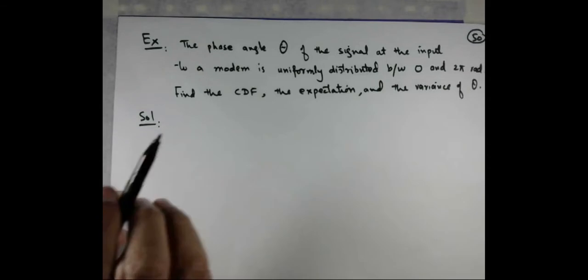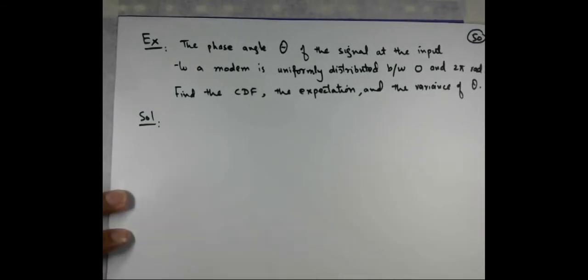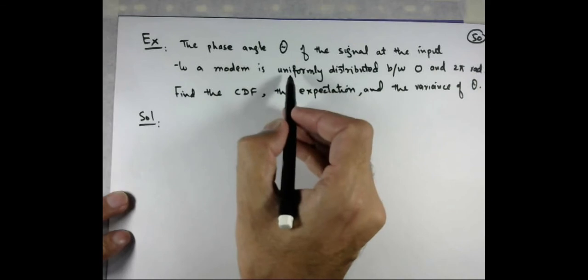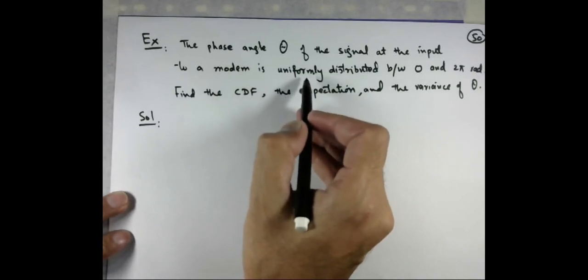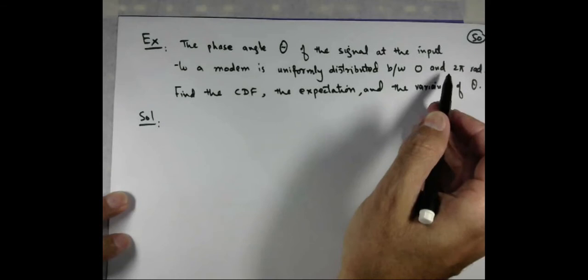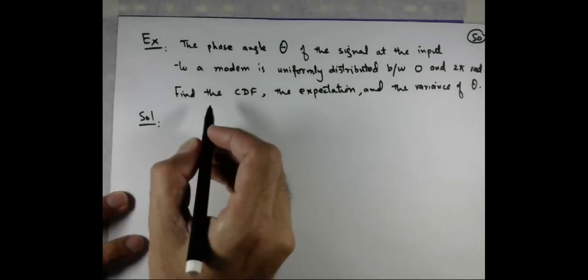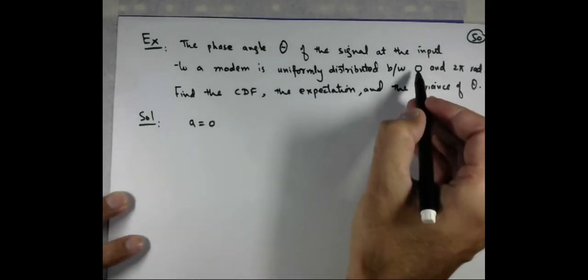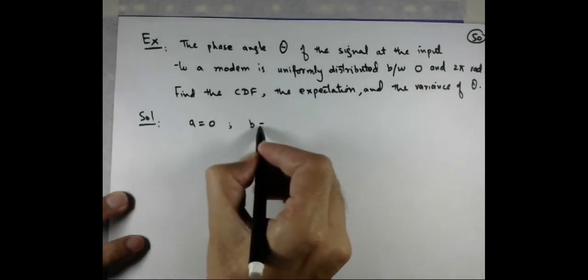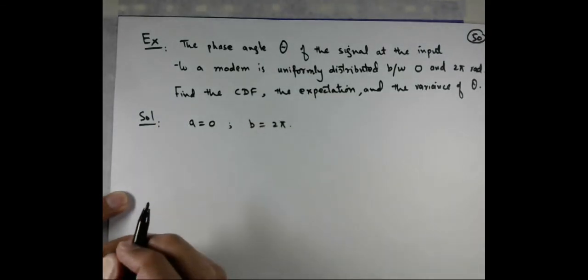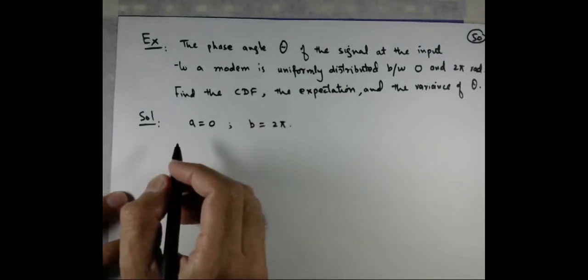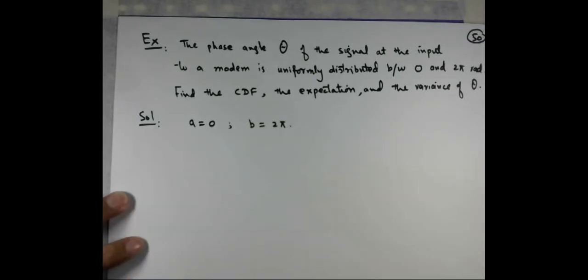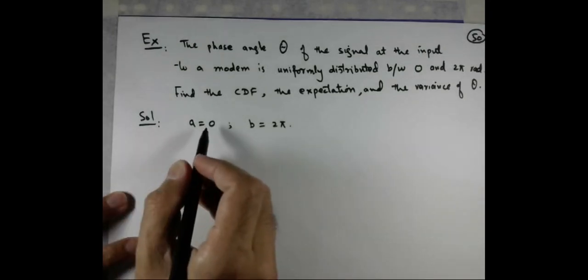This is so simple. It has already been given that the random variable is theta, and it is uniformly distributed between 0 and 2 pi. So, what is the lower value here? A is equal to 0, and here B is equal to 2 pi. So, if that is known, you can write the PDF and the CDF of this continuous uniform random variable.